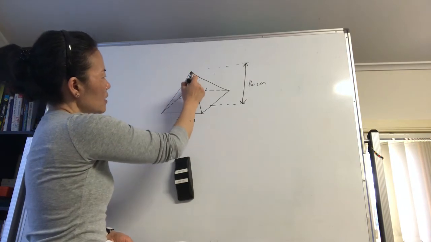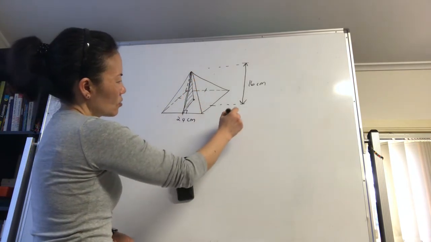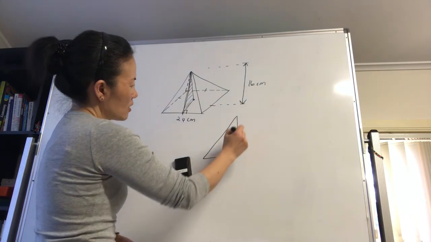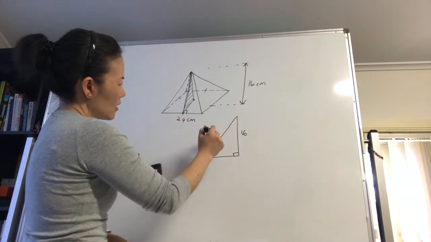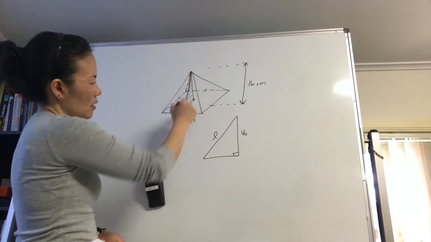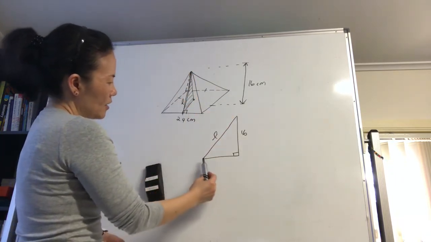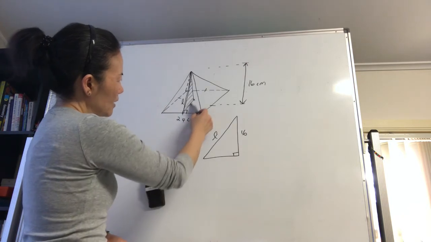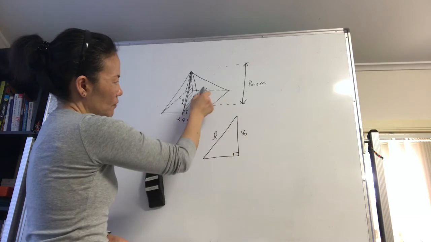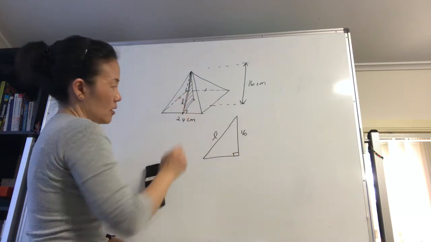So I'm taking this out right now to look like this. So it's just easier for us to see. So that's 16. That's the slant height, which is this. Okay, and this part is half of 24. Half of 24, because it's right in the middle of the center there.